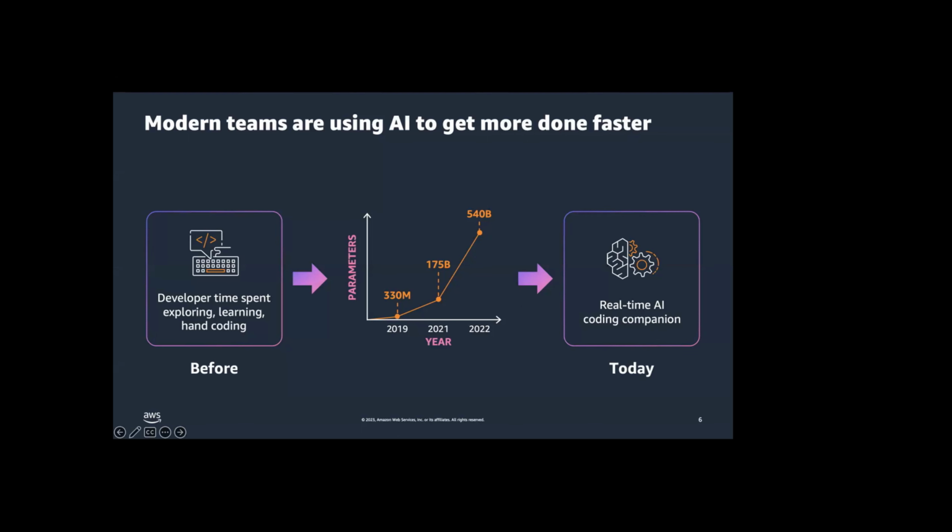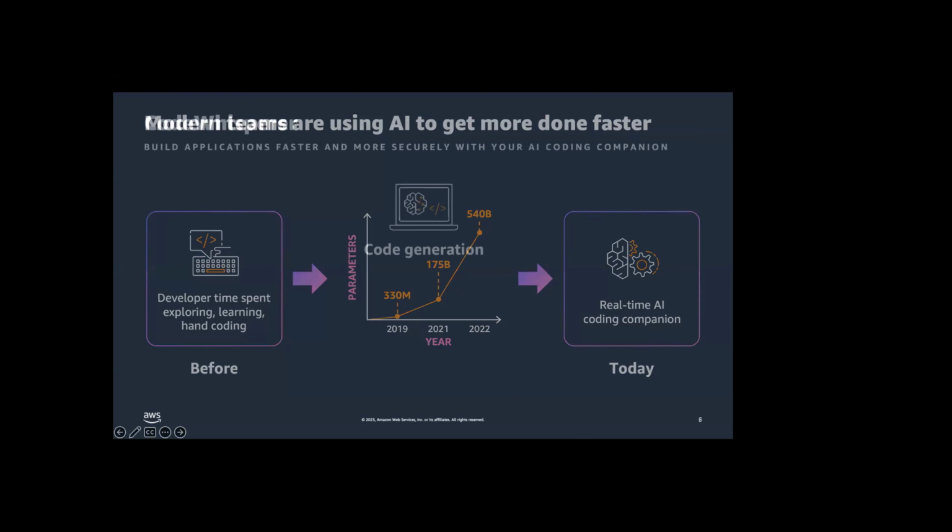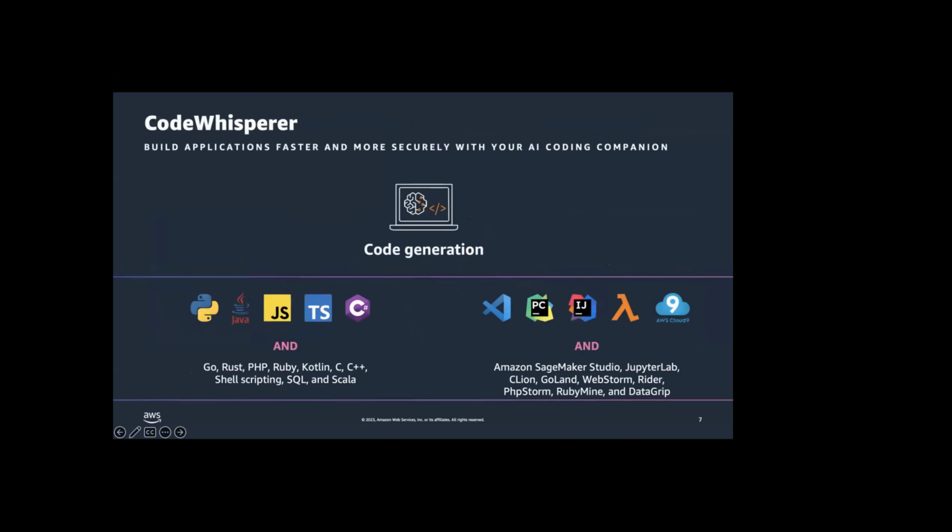You bring in generative AI, and then the big brain pastes all that together and integrates the code, but you let the generative AI produce all the boilerplate. So that's what CodeWhisperer is. It's Amazon's generative AI coding companion.